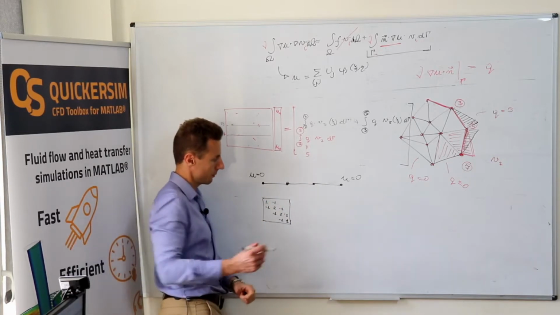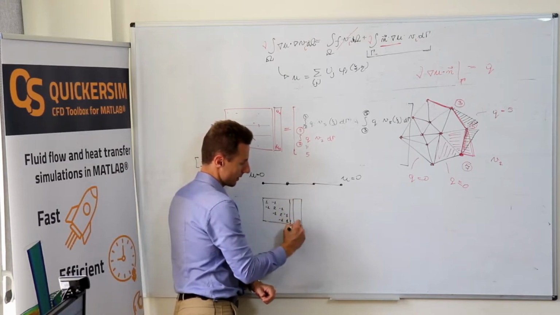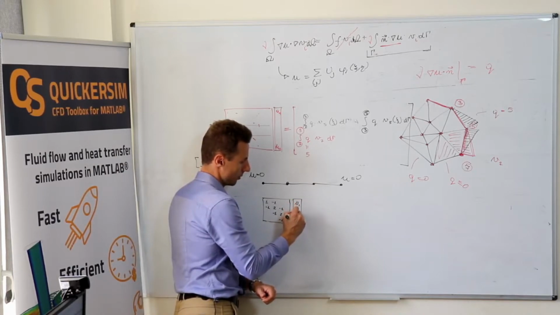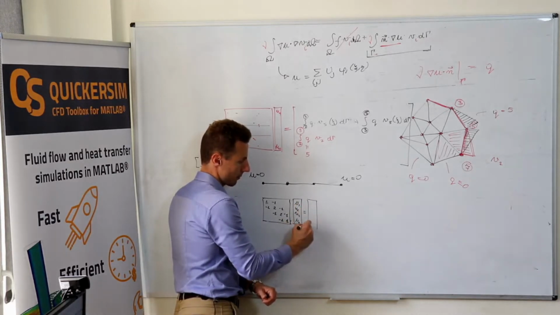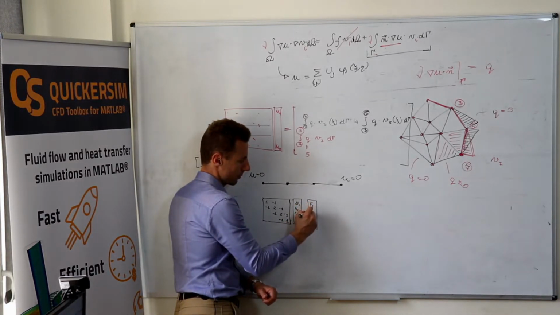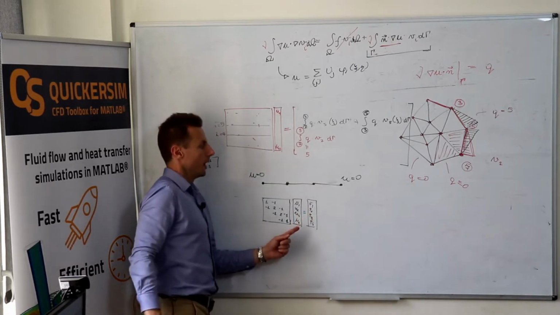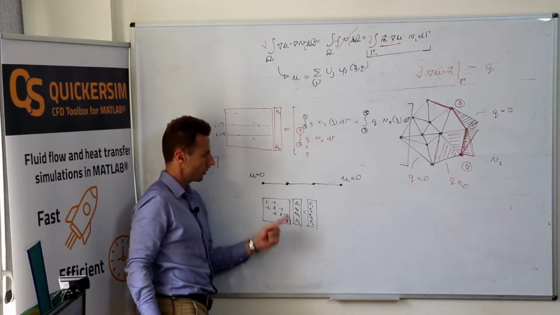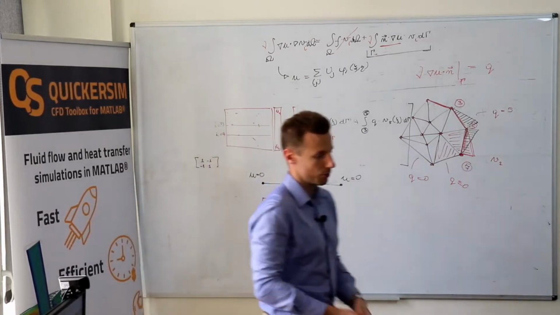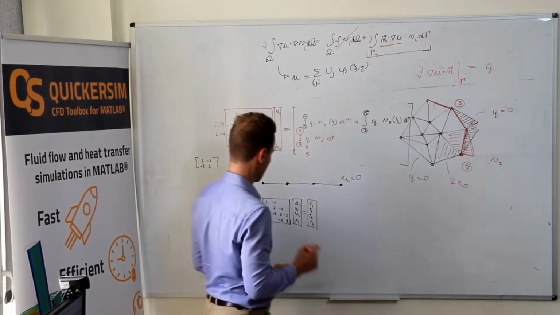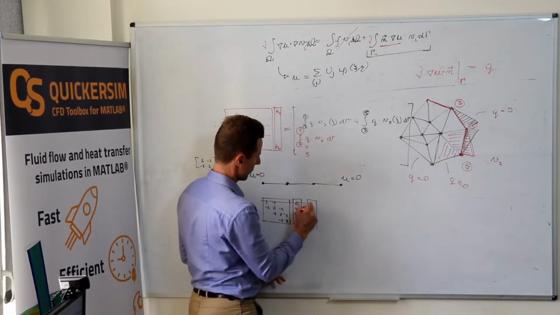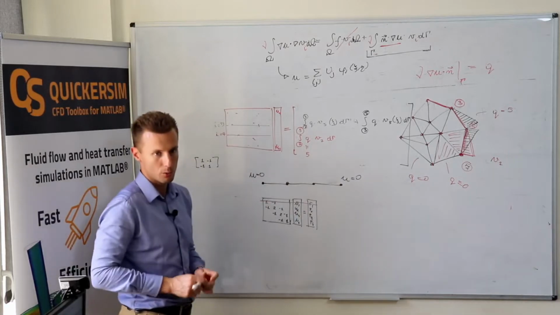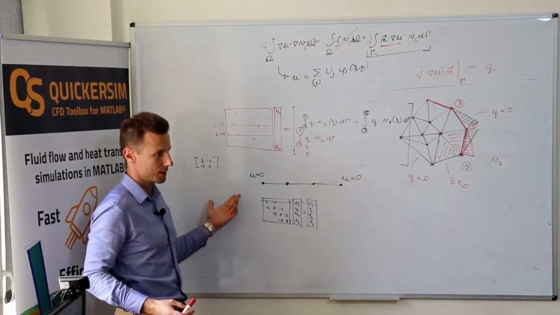So we are only interested in calculating 2 values. So what does it mean? It means that the matrix times u1, u2, u3, u4 equals f1, f2, f3, f4. Now, this means that we don't need to have the equation for u1, so we delete it, because we know u1 is simply 0.